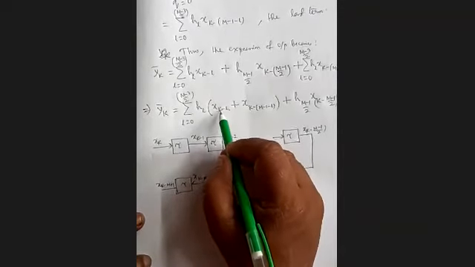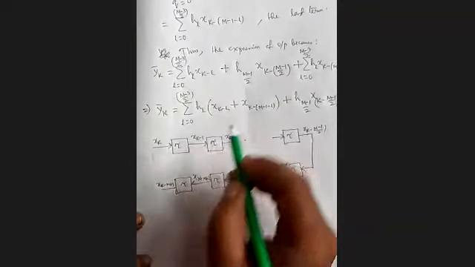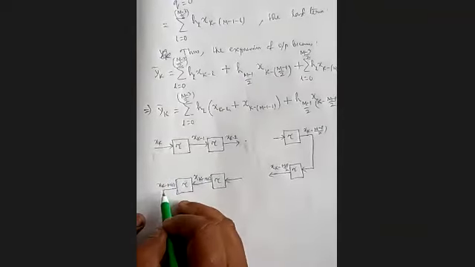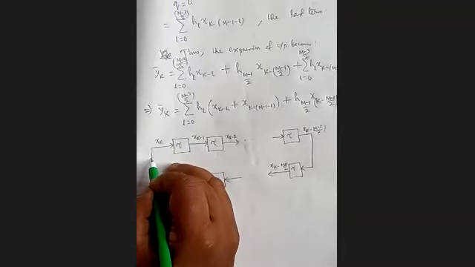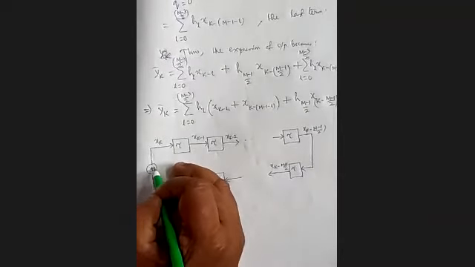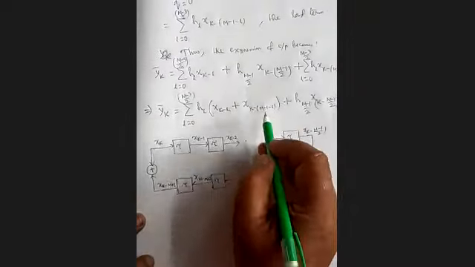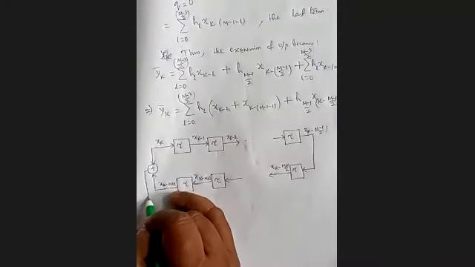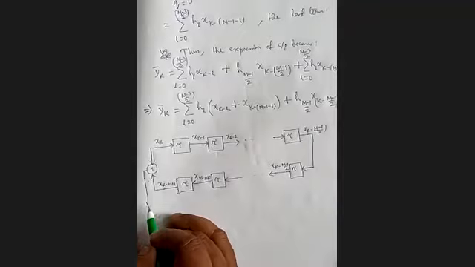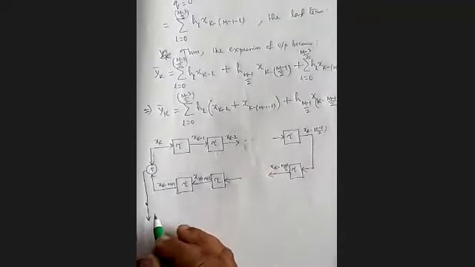Then x k is added with x k minus m plus 1, so they are added. After addition, they are multiplied with h0.